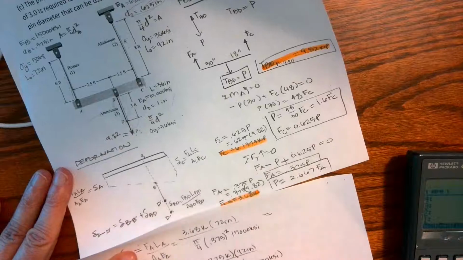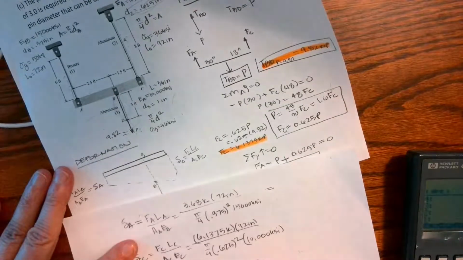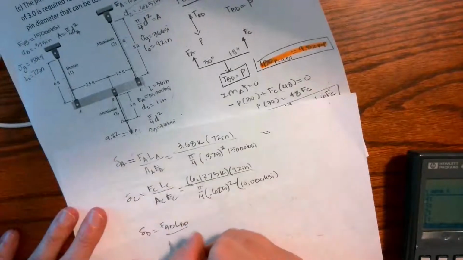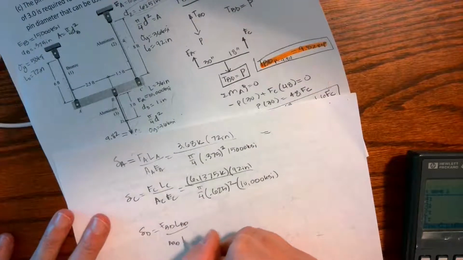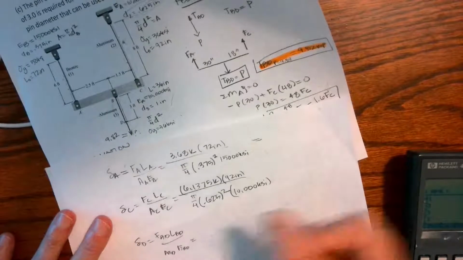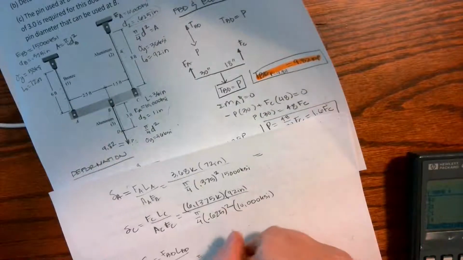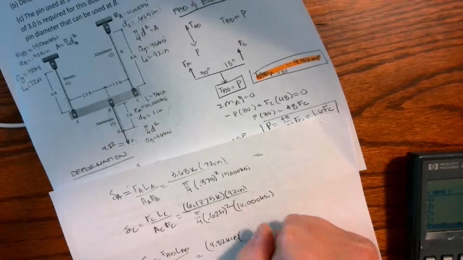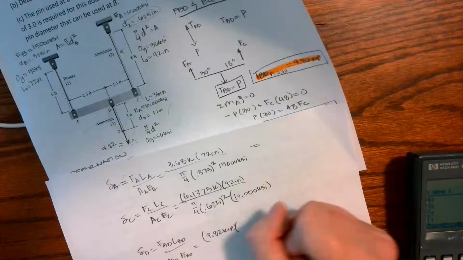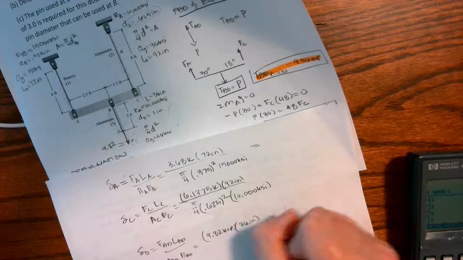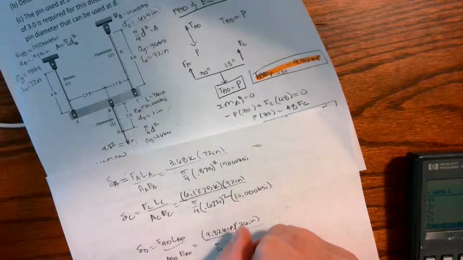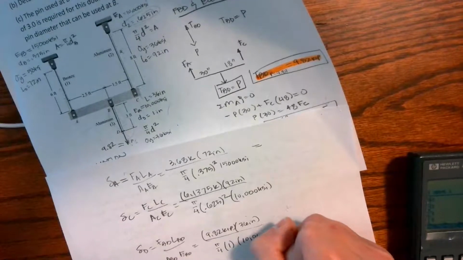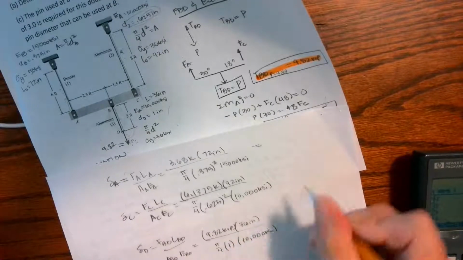And then I can calculate delta D, which is the force in BD, length of BD, area of BD, E of BD, and I have 9.82. The length is 36 inches. Area is pi over 4 times 1 inch, and then I have a modulus of 10,000 KSI. My units are all checking out.